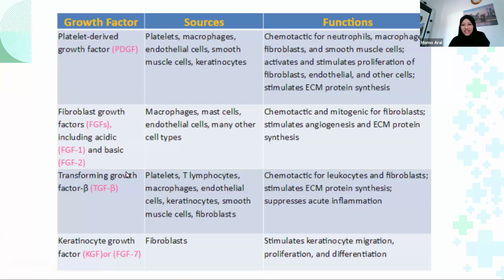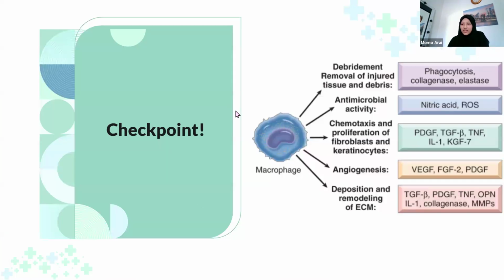Transforming growth factor beta's main function is ECM. That's why they put it first. So transforming growth factor beta is more for extracellular matrix, but you also have platelet-derived growth factor. Again, these are just cytokines and other factors, but these two are the growth factors. Okay.